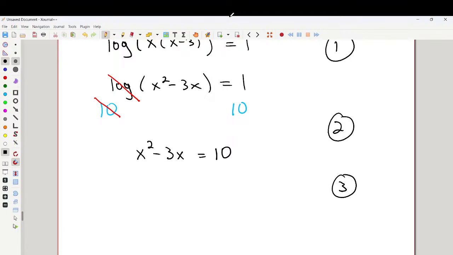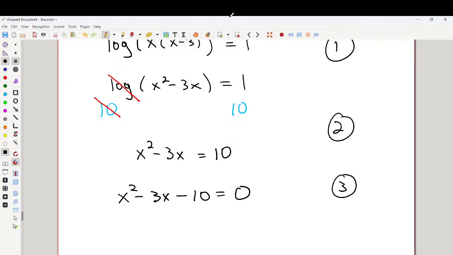Step 3, solve the quadratic equation. So we're going to make one side 0. And I don't want to spend a ton of time factoring, but it never hurts to quickly review it. When you have a 1 in front, which we do, and you will, because we're not making it more challenging than it needs to be, right?